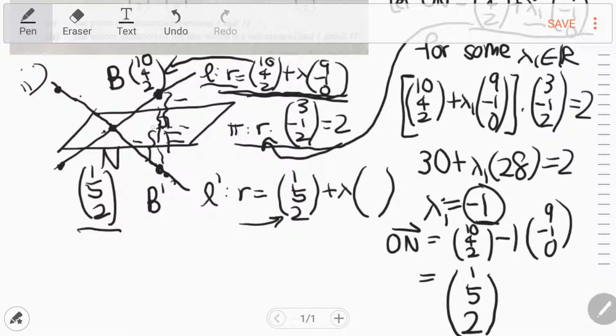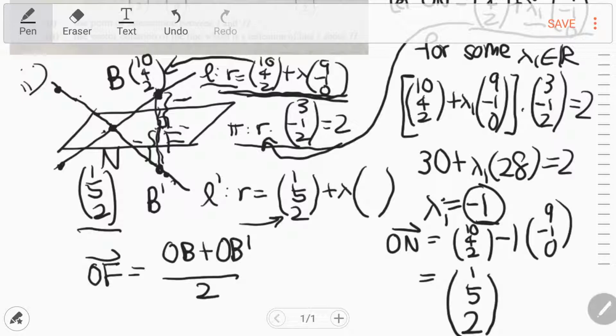So the ratio of BF to FB prime is 1:1, and I can say that OF equals (OB plus OB prime) divided by 2. OB we already know is (10, 4, 2). What we want to find is actually OB prime.